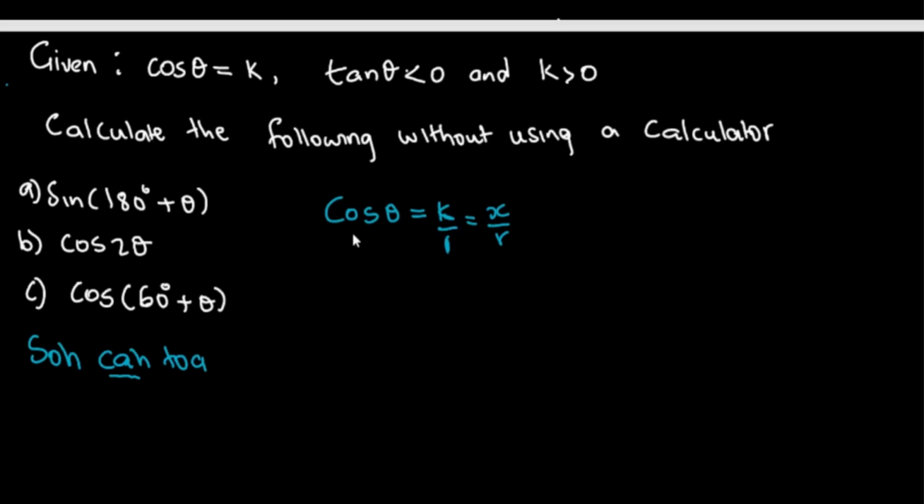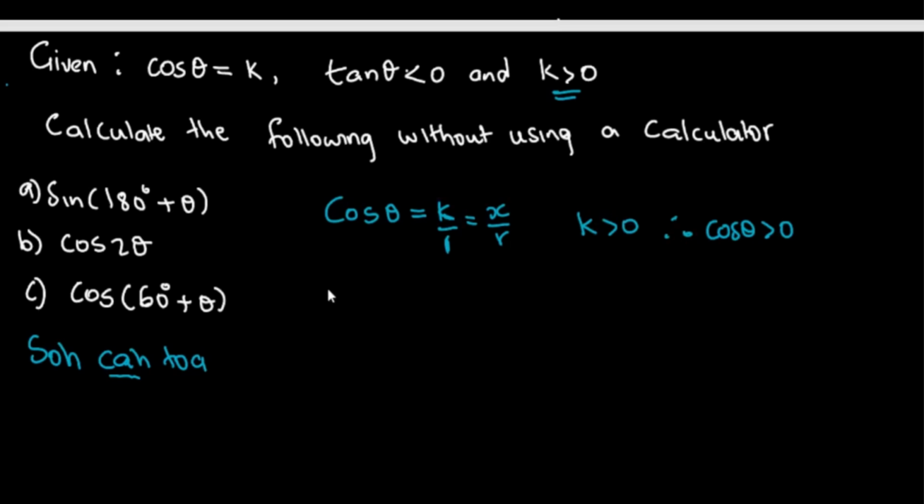But remember, cos theta is positive. Why? Because k is greater than 0. So I'm just going to write it there and say k is greater than 0. Therefore, the cos of theta is greater than 0, meaning that the cos of theta is positive. So if you understand that part, you are good to go. Now, cos theta is positive.